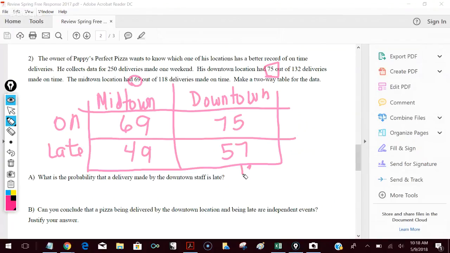Okay, so I know that this is 132. I know this is 118. And then going across, I have 69 plus 75 is 144. And 49 plus 57 gives me my 106. So now that you have that information, you can go ahead and plug that stuff in.